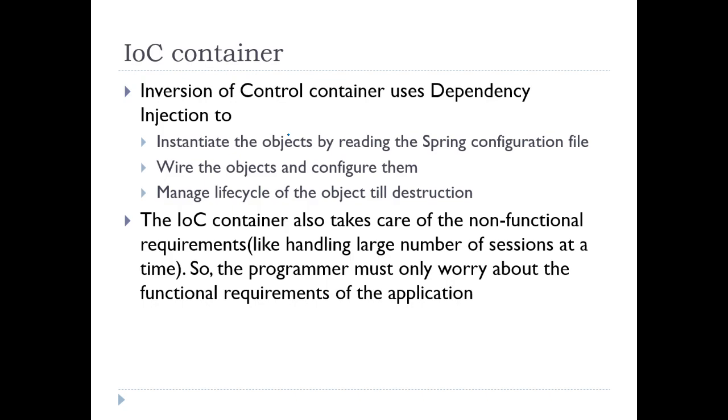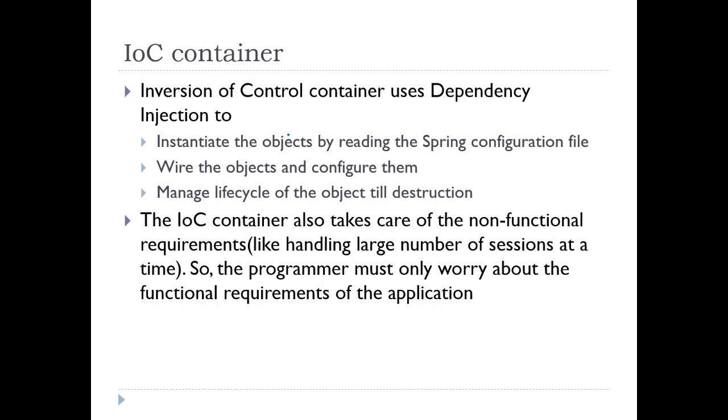Using this file, the IOC container will instantiate objects. That is, we do not need to create or instantiate the objects in our Java code. They will be created by the IOC container or the Spring container.